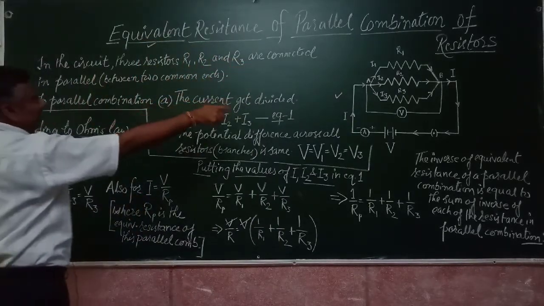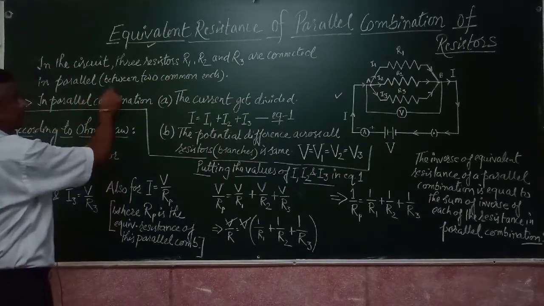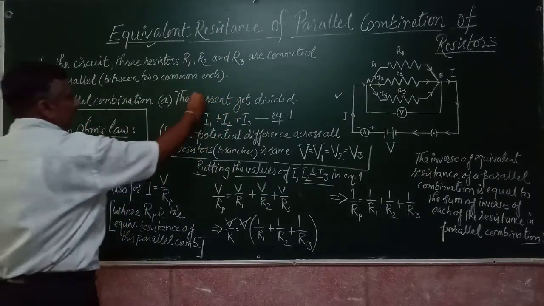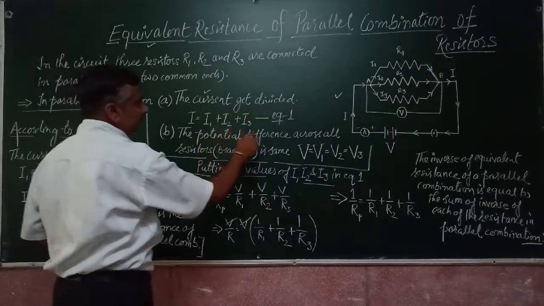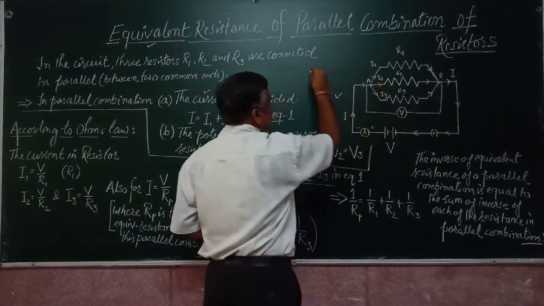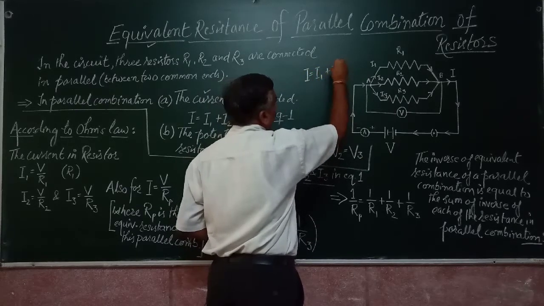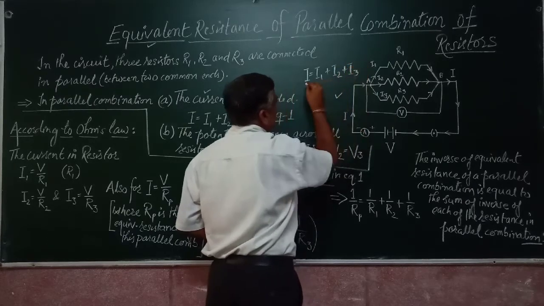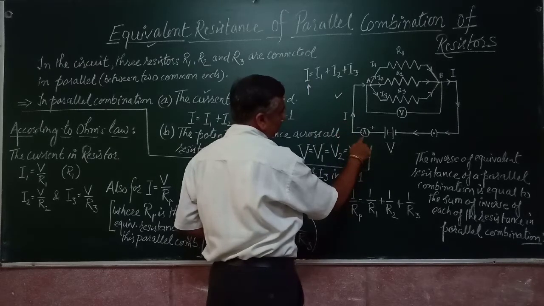In this circuit there are three resistors R1, R2 and R3 which are connected in parallel between two common points A and B. Now in parallel combination, as we have already discussed, the current gets divided into the number of branches. So here there are three branches, 1, 2 and 3. The total current flowing is I, which is measured by the ammeter.